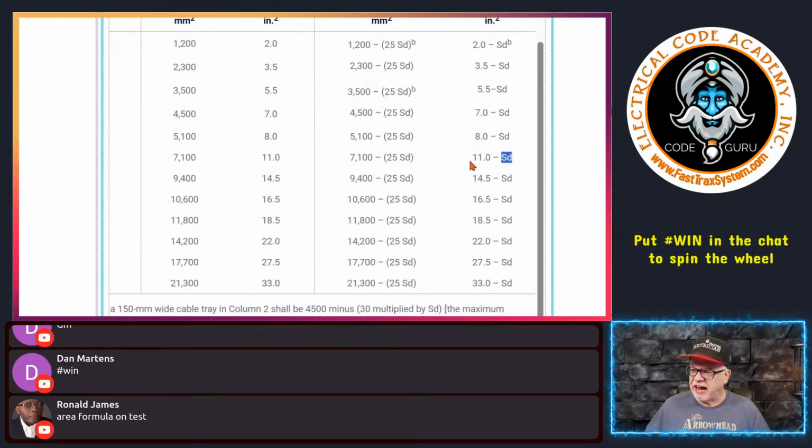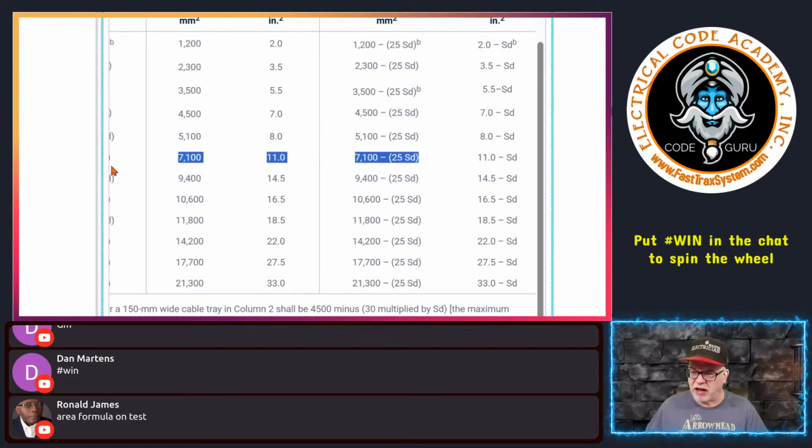And you take the actual square inch value, and you'll see that this value right here, which is the same as this right here, basically is the same. And you basically subtract the actual diameters of the cables that are the larger cables. And that's going to reduce the amount of volume that you have because the larger conductors, the larger cables are taking up more space in the tray. Makes sense? I hope it makes sense.